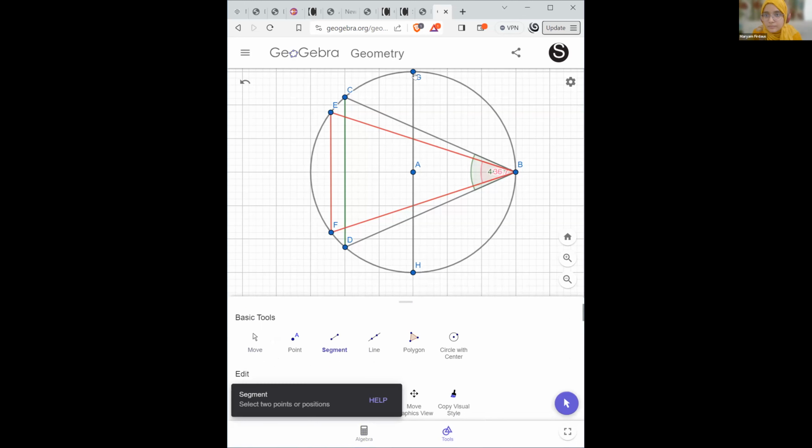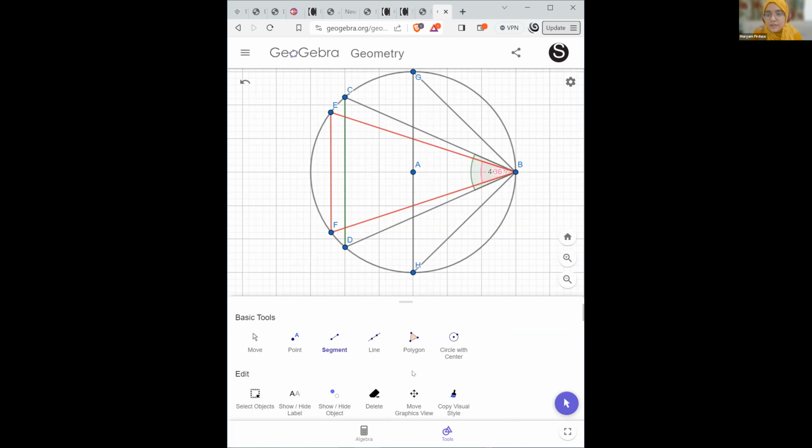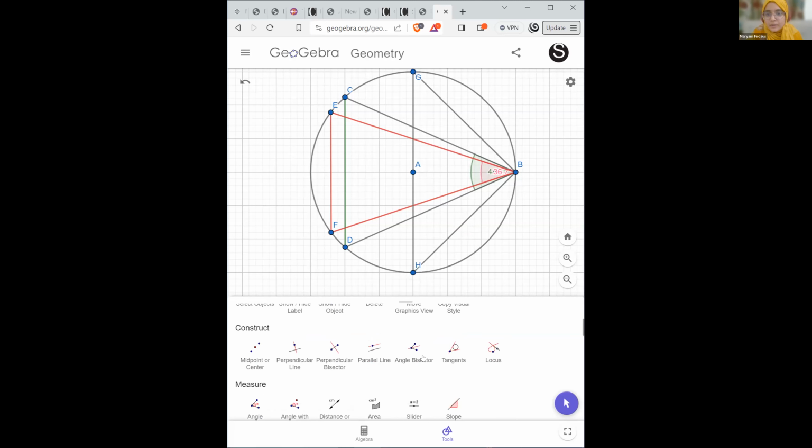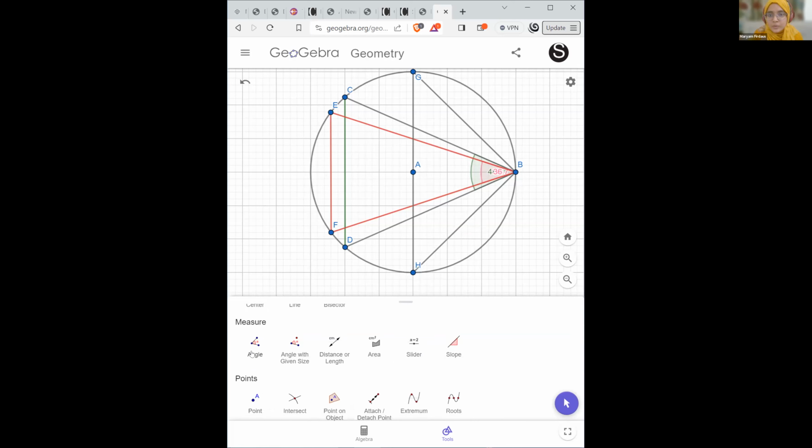It will be 90, right? Let's see how much it will be. So I'm connecting these and measuring the angle between them, and there you go, it is 90.